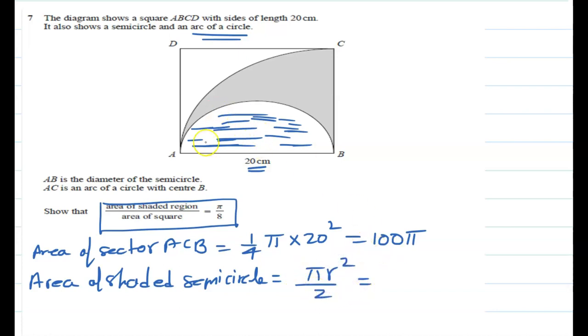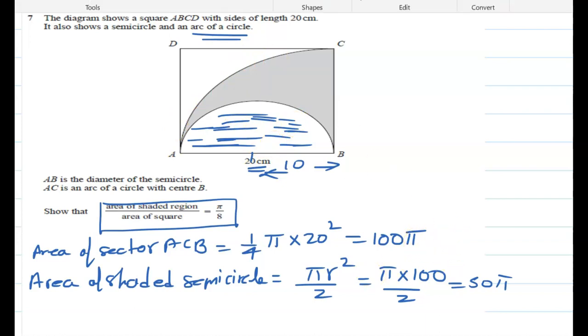Because this is the diameter, the radius will be 10. So pi times 10 squared is 100 pi, divided by 2, and we got 50 pi. So what is left of the area from this sector? If we take away this, 100 pi take away 50 pi.